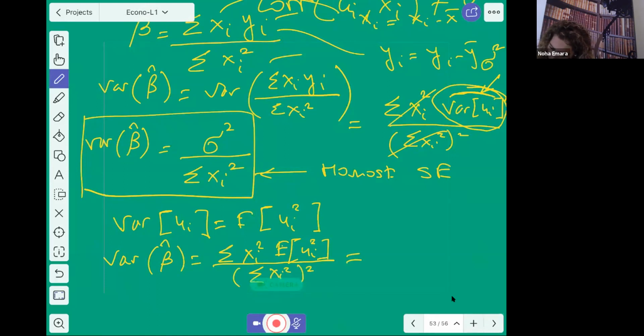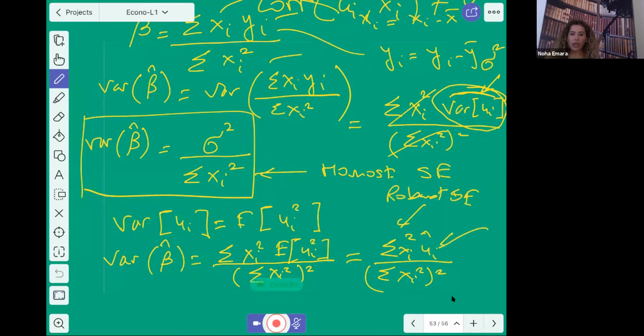And your final equation would be equal to the sum of xi squared ui squared over the sum of xi squared, whole squared. Now, this is called the robust standard error. It allows for a correlation between the X and the error term.